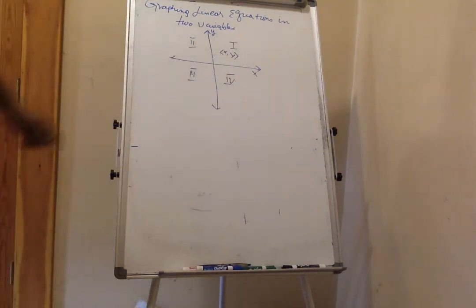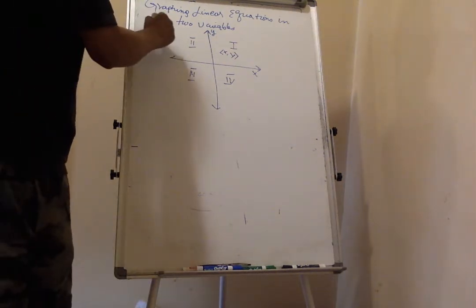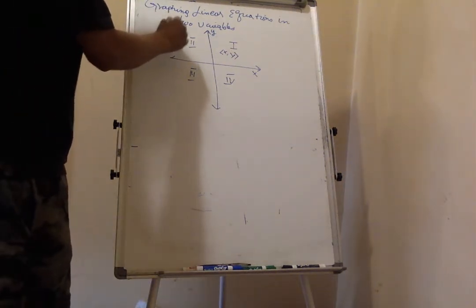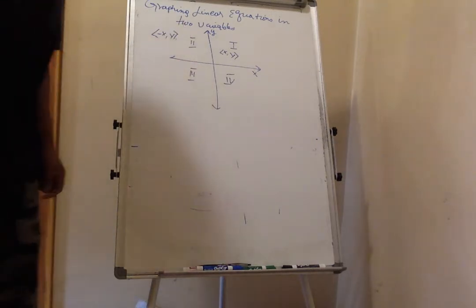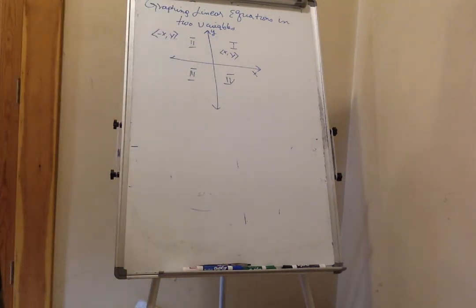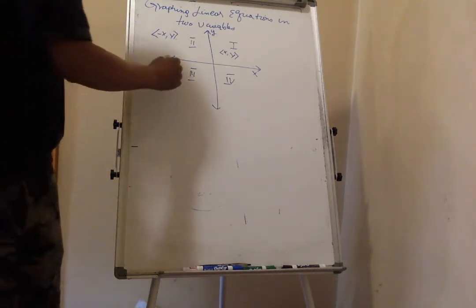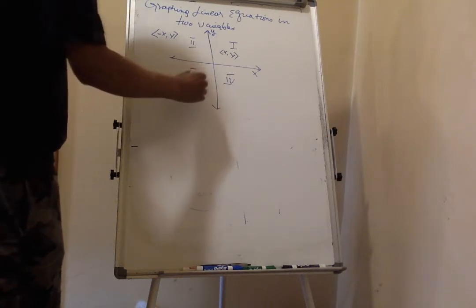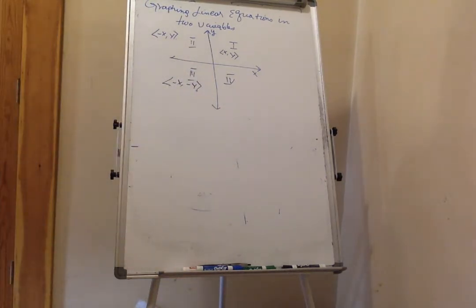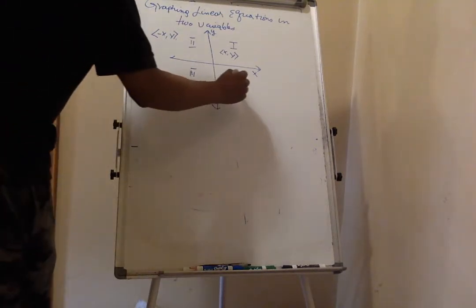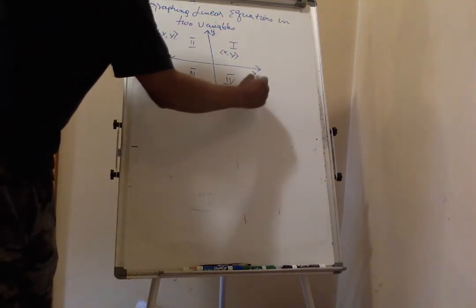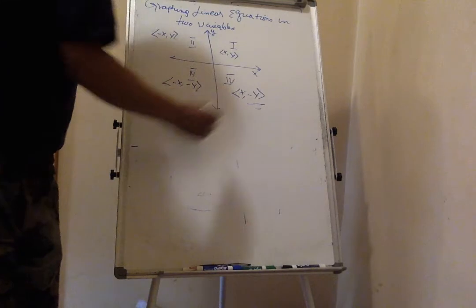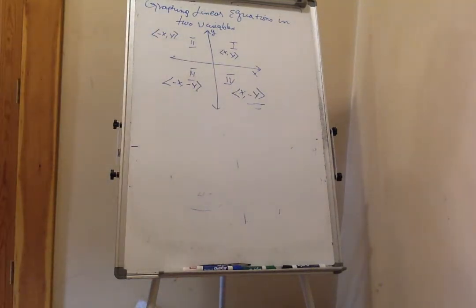If we move to quadrant 2, all the values of x would be negative, so negative x, y, and the value of y remains positive. It's in quadrant 3 where you see both x and y are negative. And then in quadrant 4, x stays positive, whereas y becomes negative.